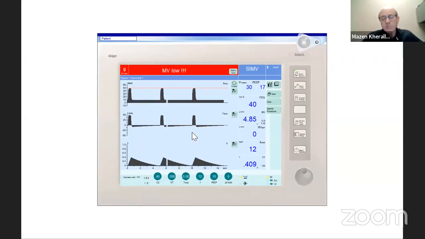You should know that by doing this, you're going to decrease the minute ventilation for the patient, and then the patient becomes hypercapnic and more acidotic with respiratory acidosis. You can accept a pH of 7.20 or above. If it goes lower than this, you may start the patient on bicarbonate to counteract or correct the severe respiratory acidosis for the patient. Any questions?